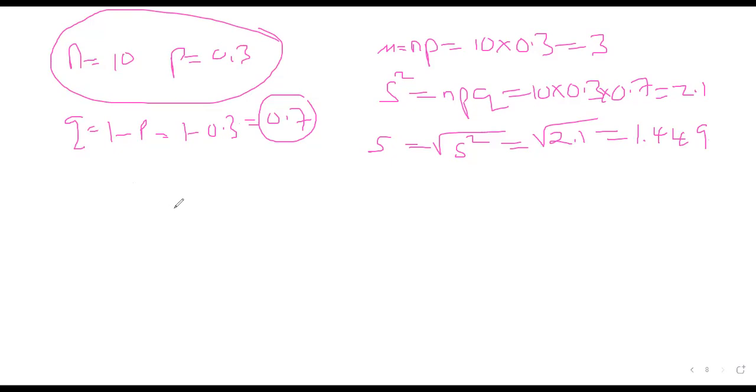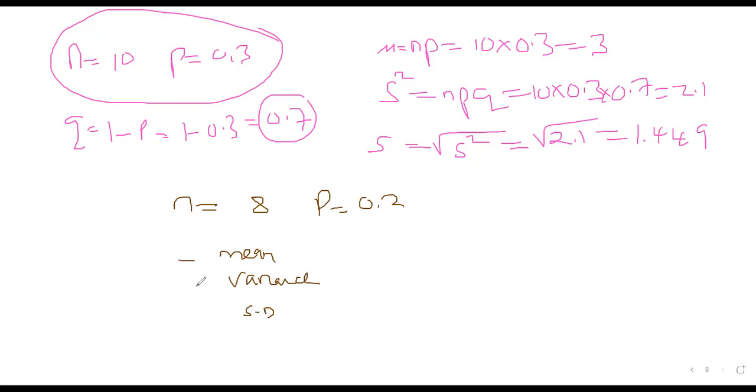Let's try, suppose we're given our n as 8 and our p is 0.2. Can somebody tell me what is our q? What becomes our q? Okay, so help me find the mean, the variance, and the standard deviation.